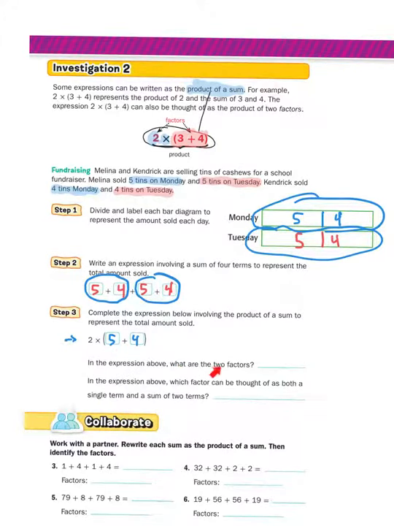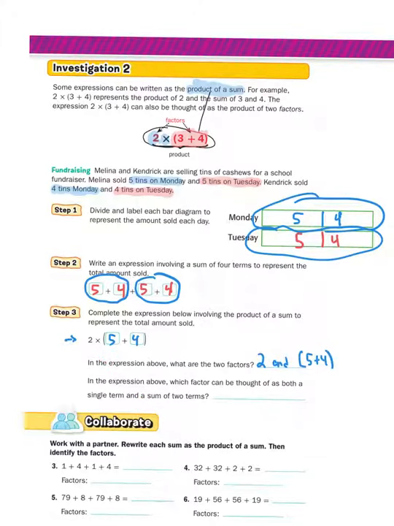Now, in the expression above, in this one here, what are the 2 factors? Remember, factors are things you multiply. So the 1 factor is the 2. Okay? The other factor, the other thing we multiply, is this 5 plus 4 in parentheses. Now, in this question it says, in the expression above, which factor can be thought of as both a single term and a sum of 2 terms?